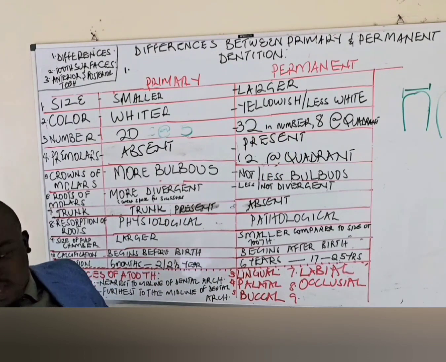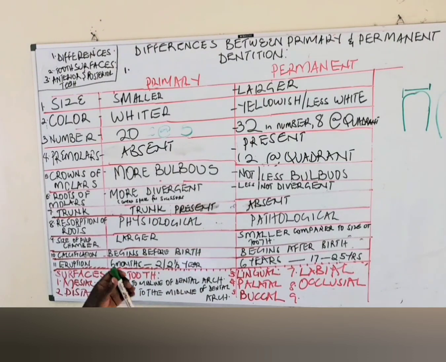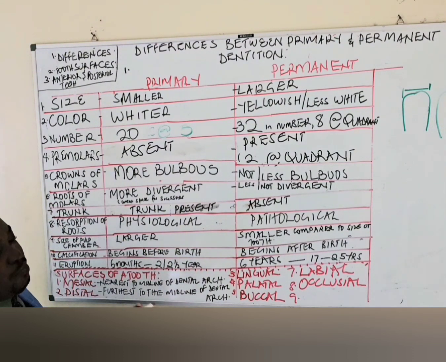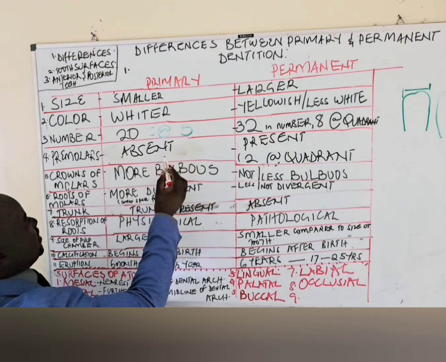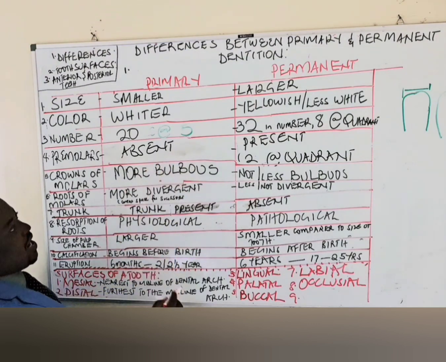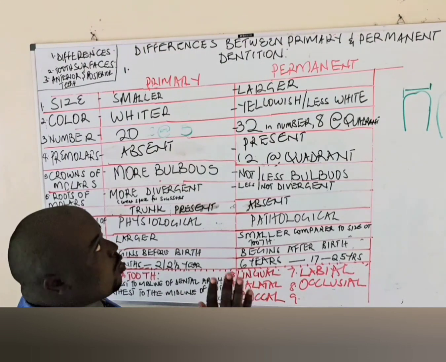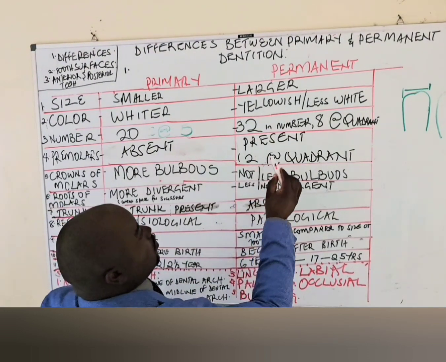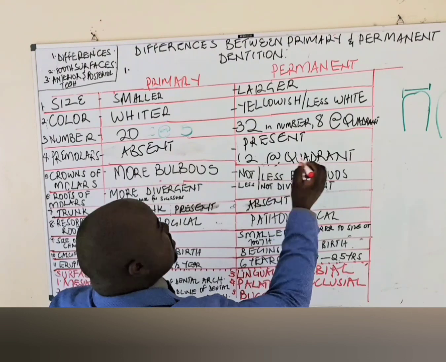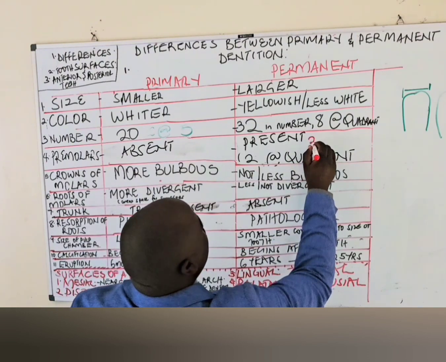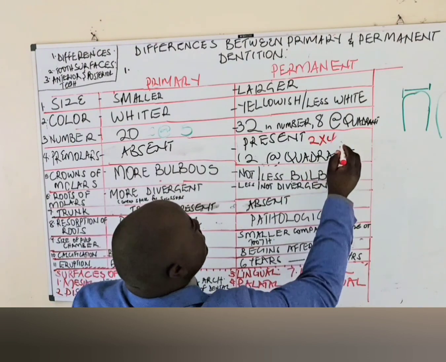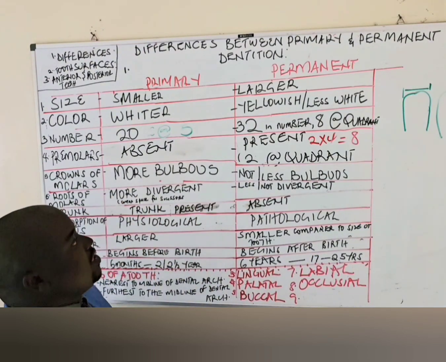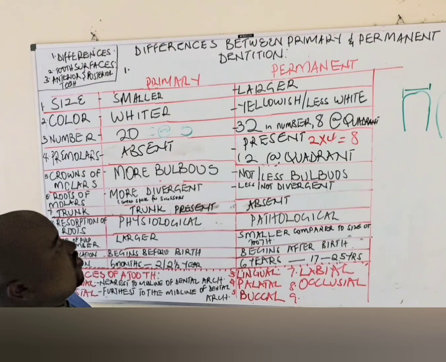We already gave the difference about premolars. We do not have premolars in primary dentition, whereas in each quadrant of permanent teeth we have 2 premolars, meaning 2 times the 4 quadrants, a total of 8 premolars in each individual.